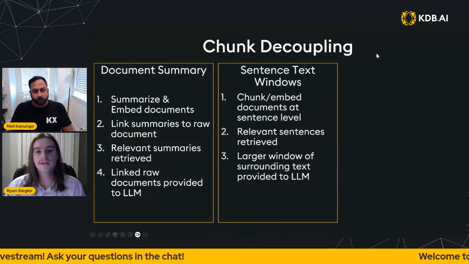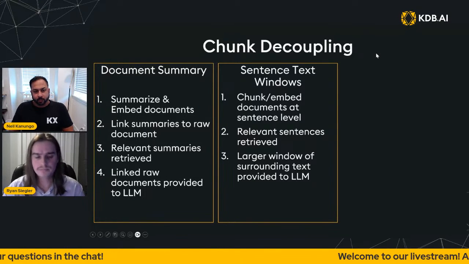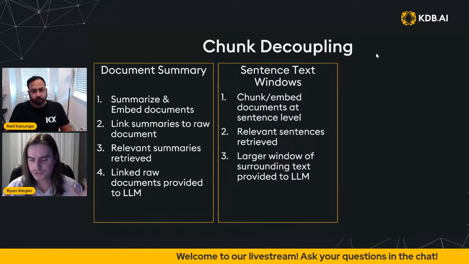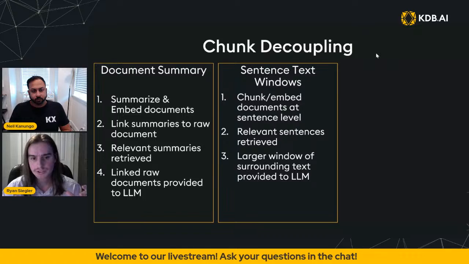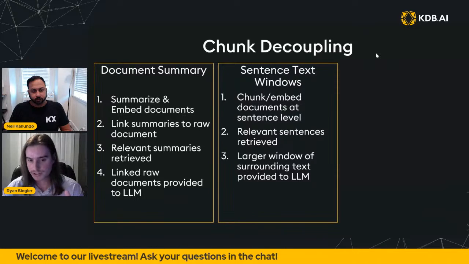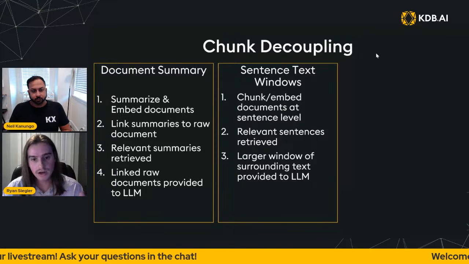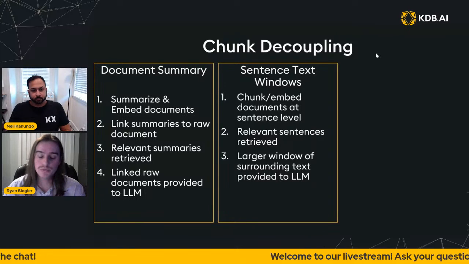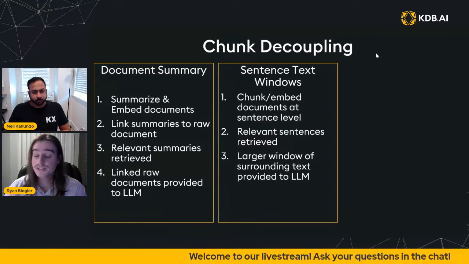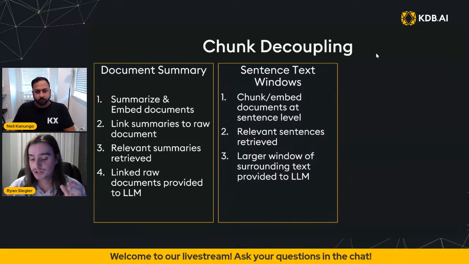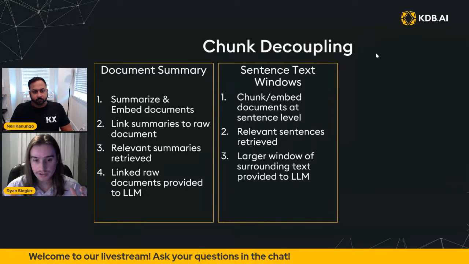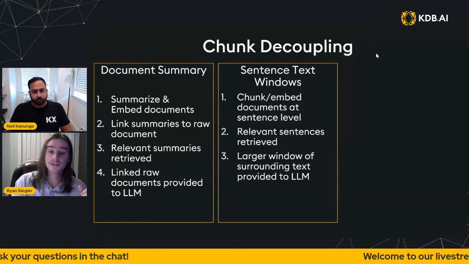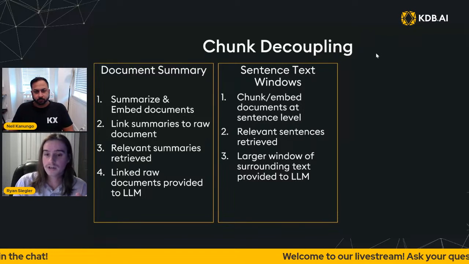The next method is called sentence text windows. And this is where you would chunk your documents at a sentence level, so very small and granular chunks. And then you embed those sentences, store them in your vector database. And then in the similarity search, the relevant sentences would be retrieved. So this is great, like I was saying before, because when you're dealing with small chunks, you're going to have more granular information in those chunks, and the similarity search is going to be highly accurate.